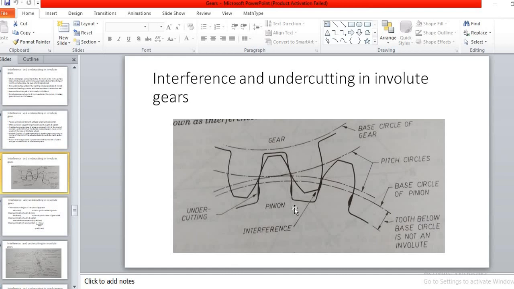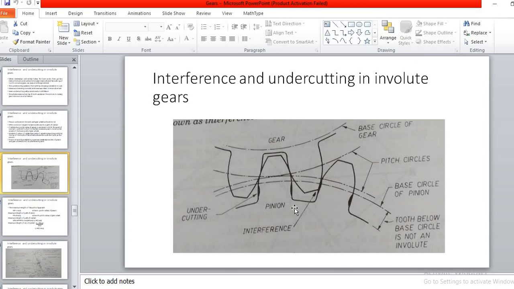So the second gear's tip surface of the tooth undercuts the engaging gear due to the change in the dedendum circle in that engaging gear.